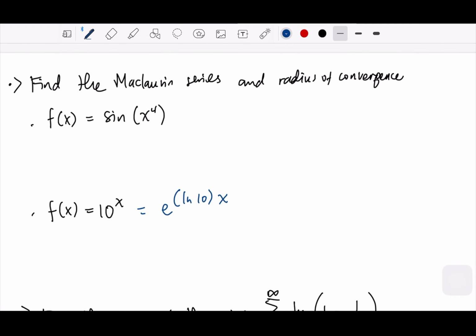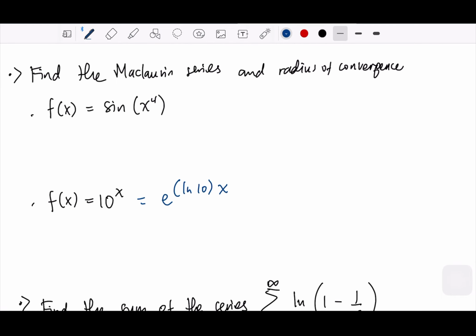So I believe no problem here, but let me just write the example, or maybe write the sine x as the Maclaurin.